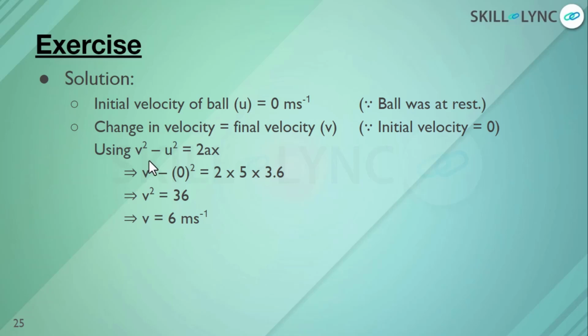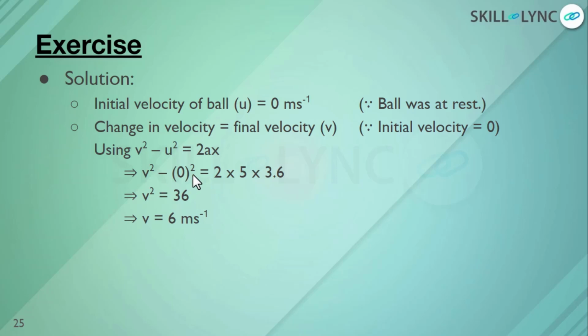Thus, in our equation, we are going to put numerical values. So v square, u is 0, so square of 0, 2 is a constant, so 2 has to be multiplied by a, which is 5 meter per second square as given in the question. x is 3.6 meter, since the plane on which the ball has been traveling is a 3.6 meter frictionless plane.